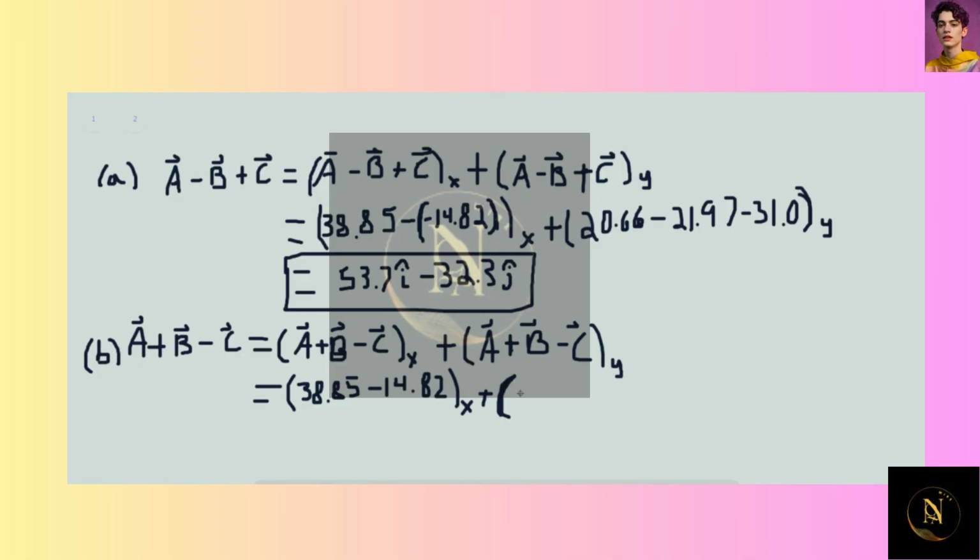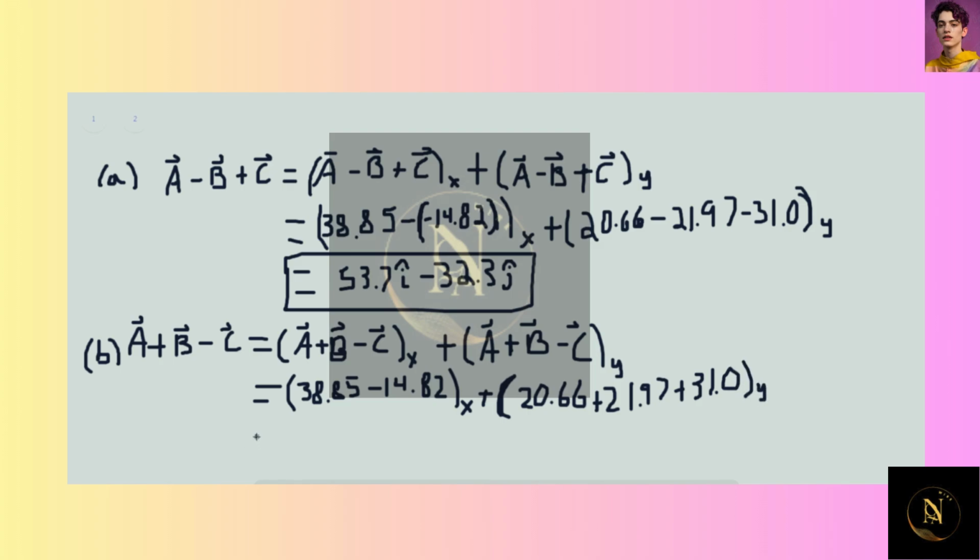And this is plus 20.66, and then plus, this time, 21.97. And then this time it's minus minus 31. Well, minus a minus is a plus, so this is plus 31. And that's y.